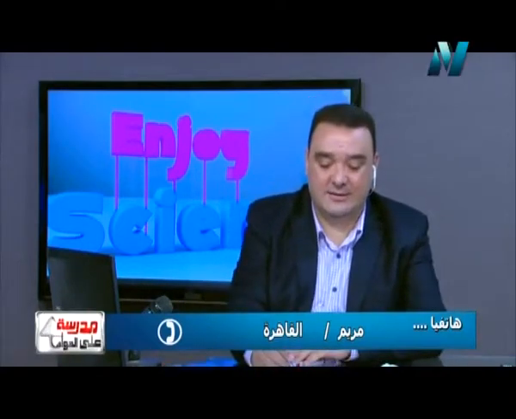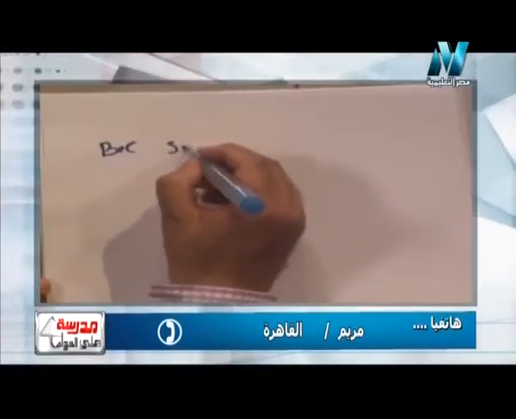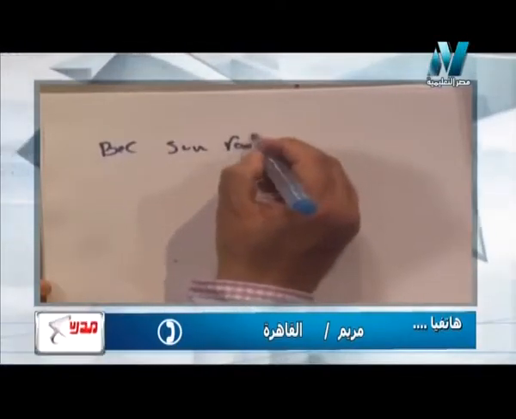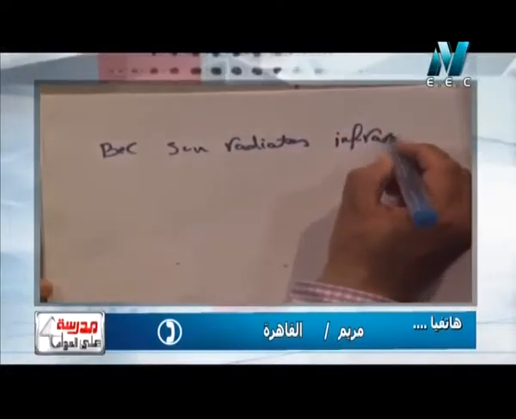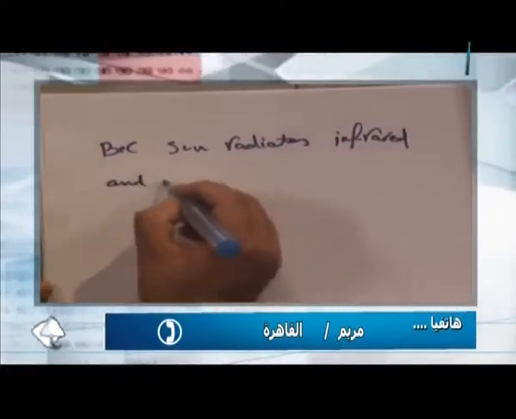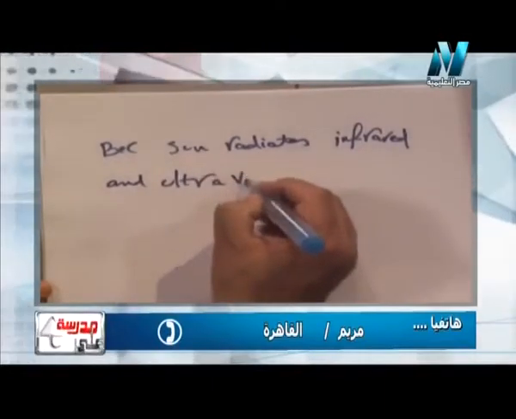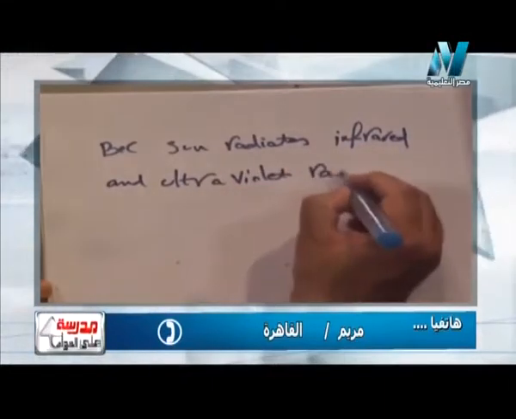Okay, Mariam, let me simplify this answer. You said that the sun radiates or produces infrared and ultraviolet radiation.